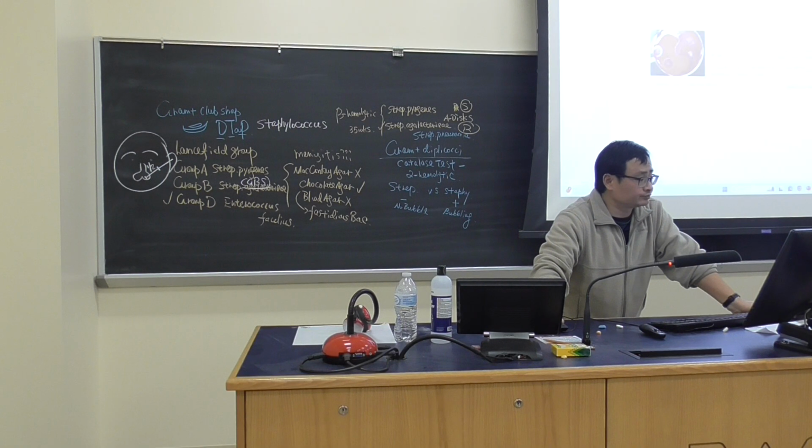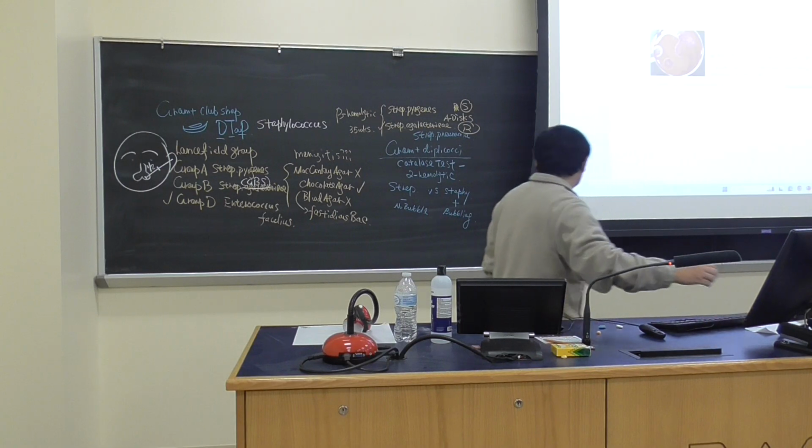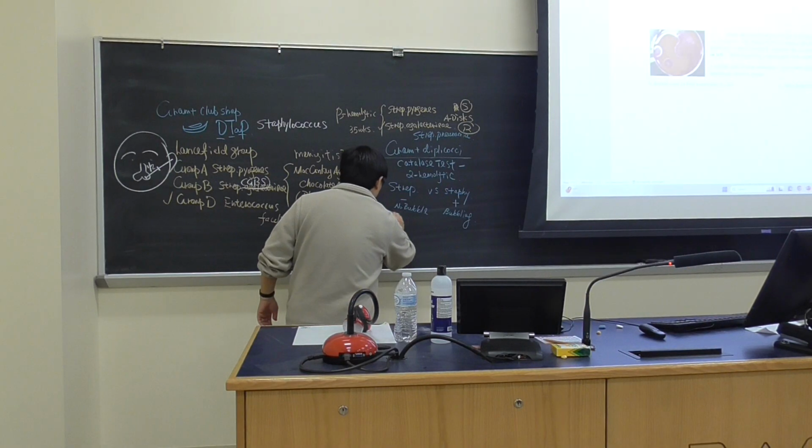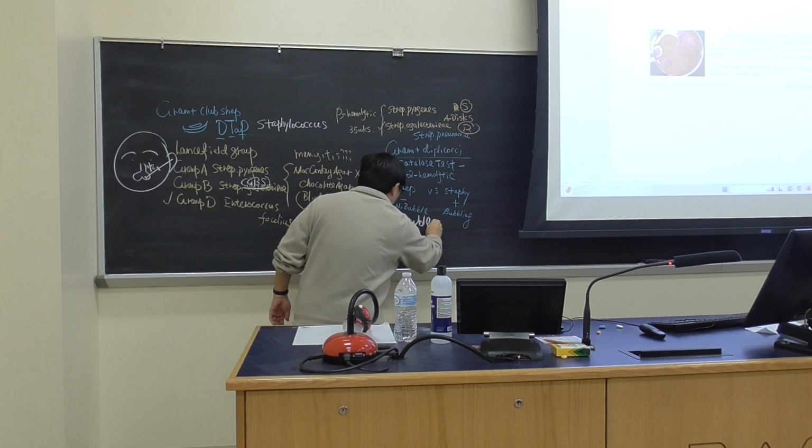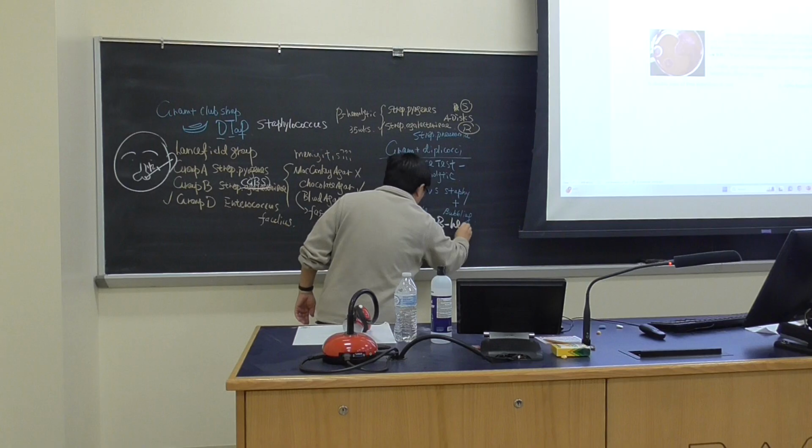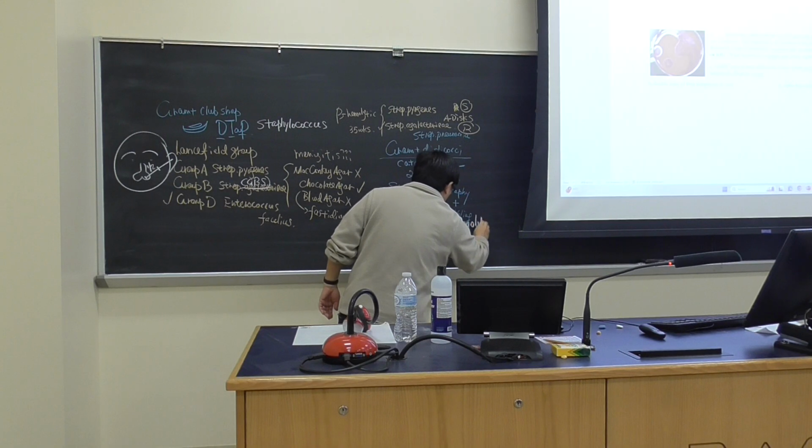Look at here. What does this mean here? This is a double beta hemolytic zone.